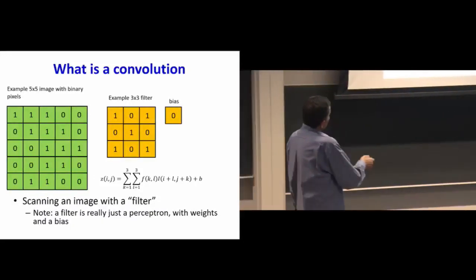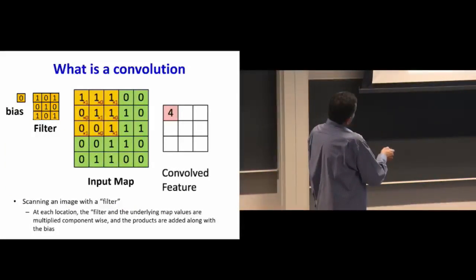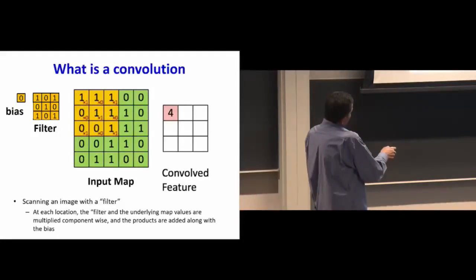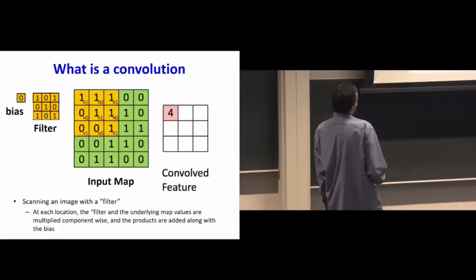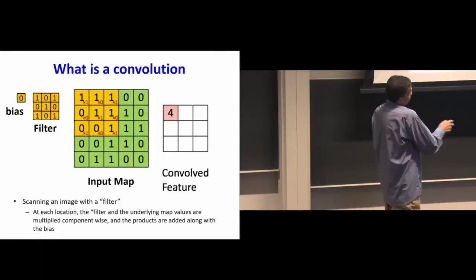Let's say this is my 3x3 filter. I would initially place this 3x3 filter on the top left corner. The numbers in red just show the value of the filter. You perform a component by component multiplication and add in the bias. The result is going to be a 4.